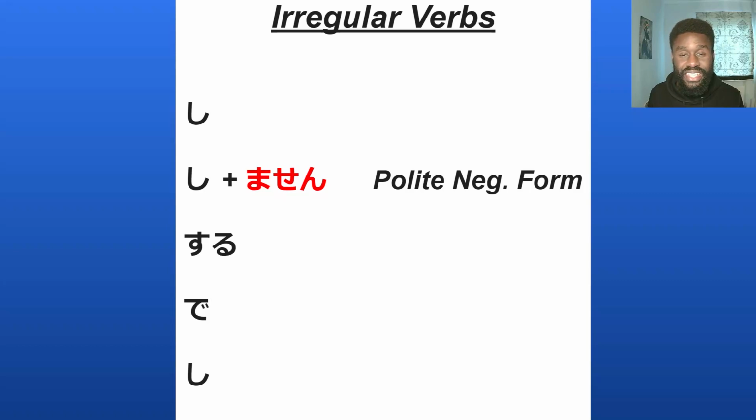To create the dictionary negative form of the verb, we use the first row and then we add nai at the end of it. And this becomes shinai.